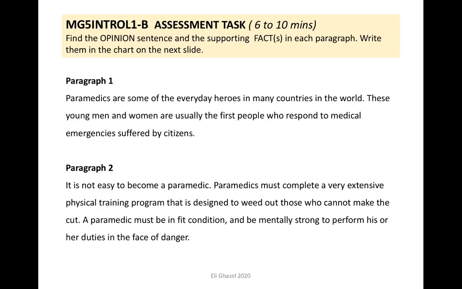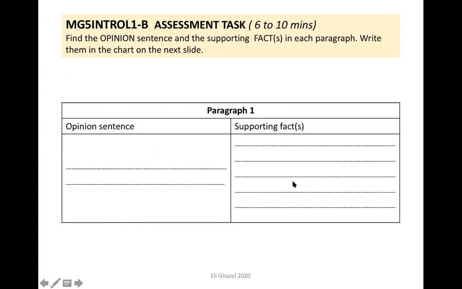So one more time, you give them 2 paragraphs. Can we put this in the test? All you need to do is put 2 new paragraphs and give them the chart like this. So you have chart 2, for paragraph 1 and paragraph 2. And they need to take that information, that is the opinion sentence and the supporting facts, and copy them.